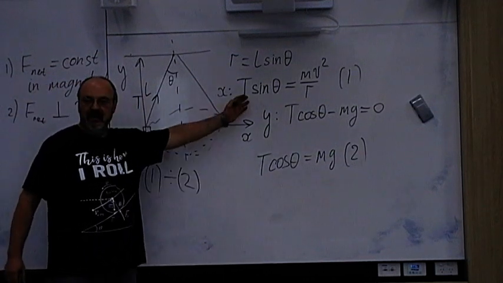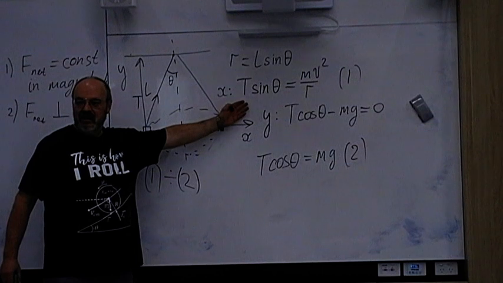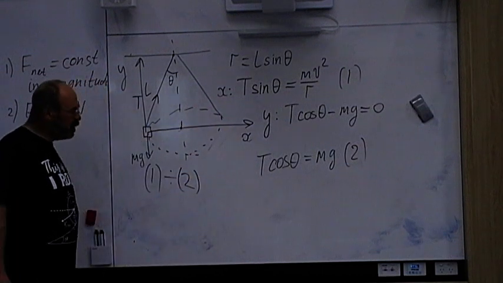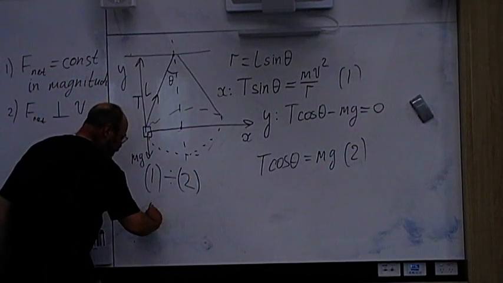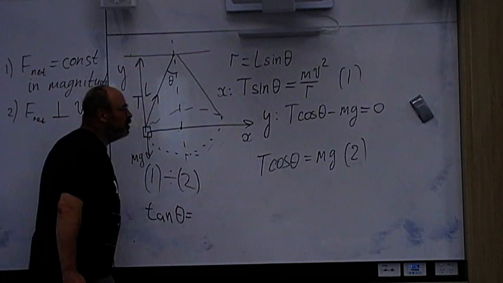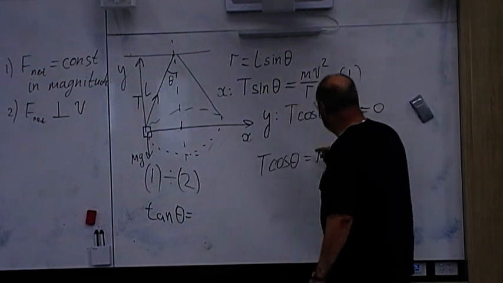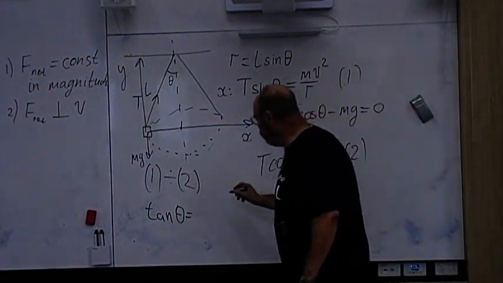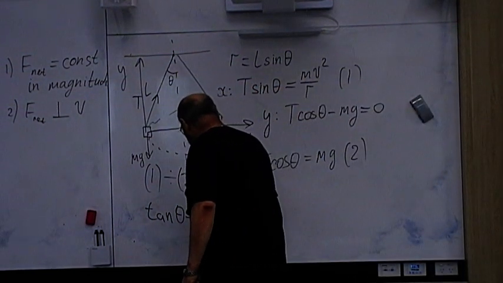What will happen? Tension cancels out, sine divided by cos is tan theta, equal to, the mass cancels out, v squared over g r.